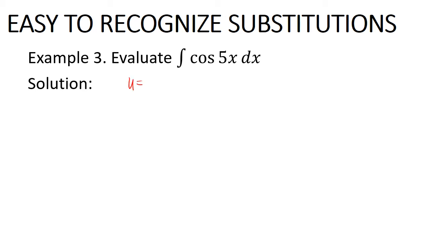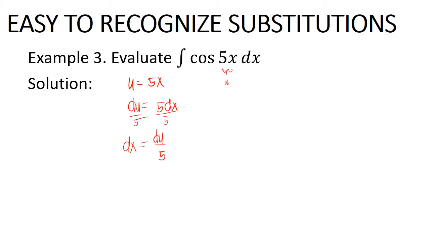Let u be 5x. And kapag nag-derive tayo, du would be equal to 5, derivative of x is 1, dx. Okay lang tayo na palitan ito ng u. Tama. Pero sir, yung dx natin walang kasamang 5. Kulang tayo ng 5. Diba? So, pag sinolve ko si dx dito, magde-divide ako ng 5. Therefore, dapat yung dx ko would be equal to du all over 5.